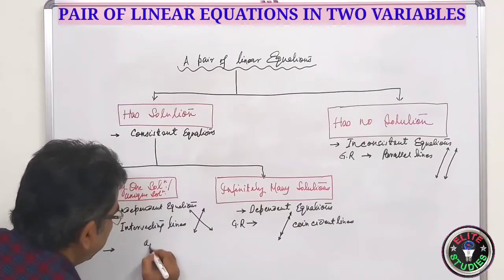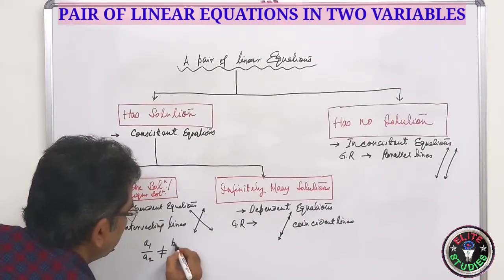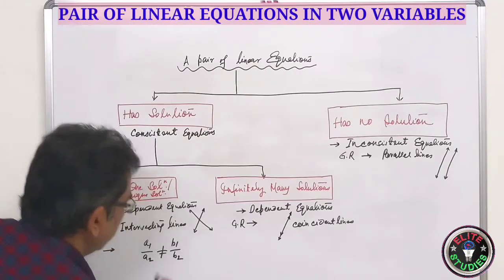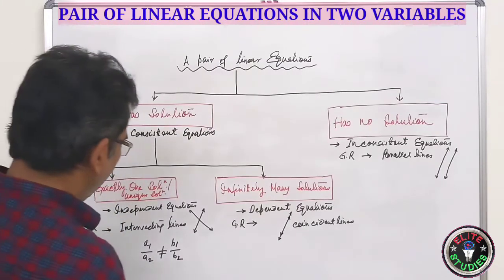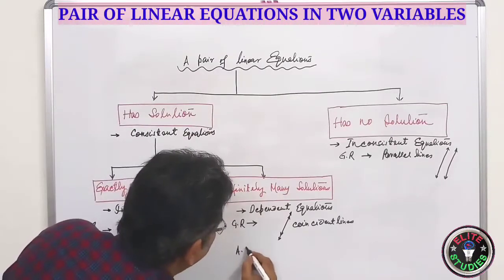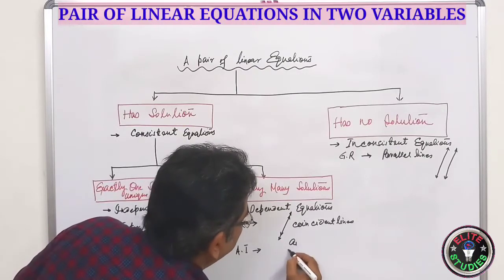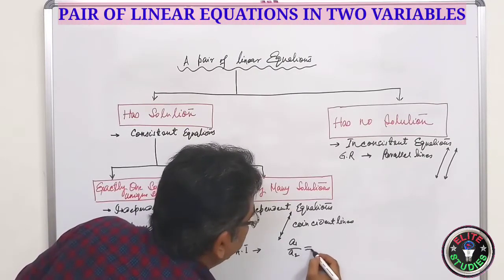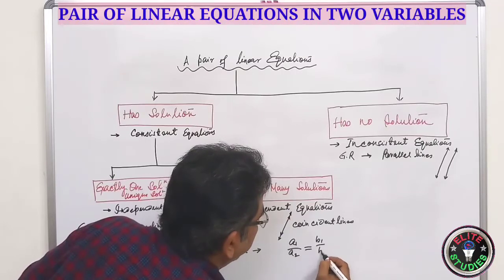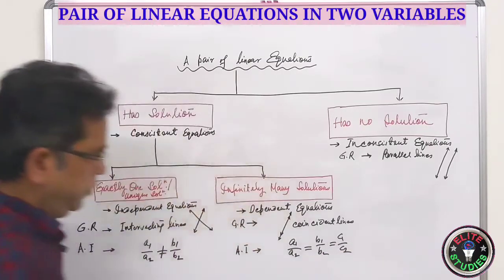Here you will get A1 by A2 not equal to B1 by B2. In this case, the algebraic interpretation will be A1 by A2 equal to B1 by B2 equal to C1 by C2.